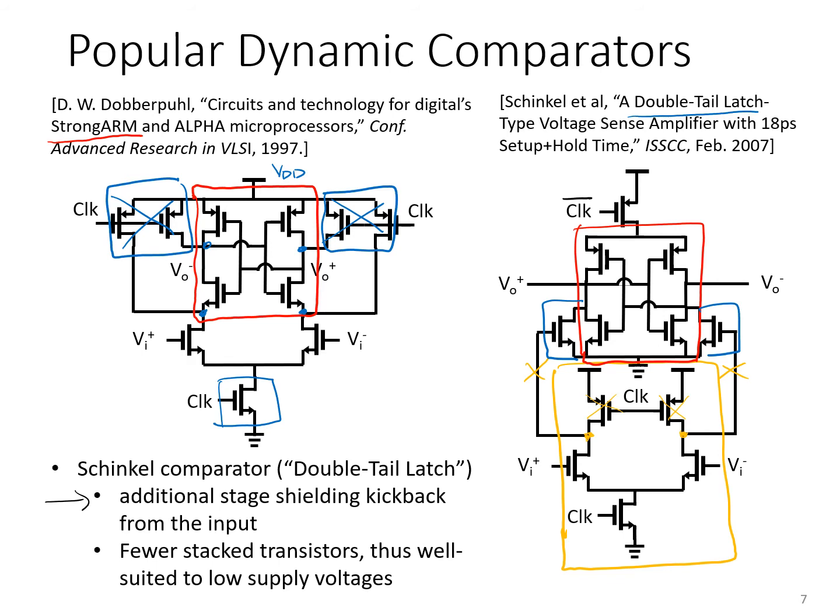There's 4 transistors stacked in the strong arm latch. So because there's fewer transistors stacked on top of each other, this double tail latch is generally well suited to low supply voltages where there's not much headroom to provide a strong overdrive voltage to the transistors.